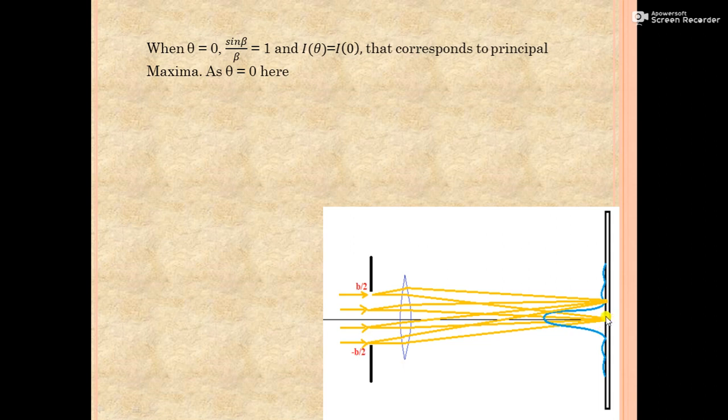So considering the geometrical optics, we should get a bright patch at the center, with no finite width. Only a bright patch should be observed.